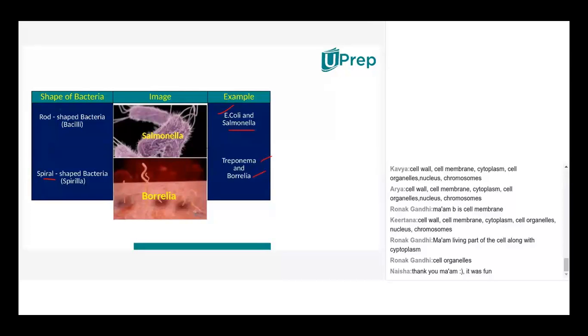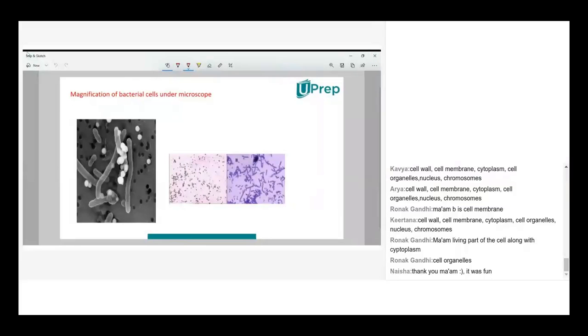So on that background, I just want to give an account of how they have used the word magnification of bacterial cells under a microscope. Usually we will observe under a compound microscope.